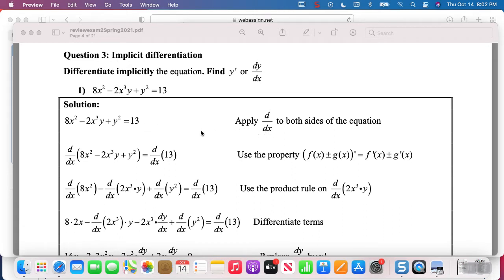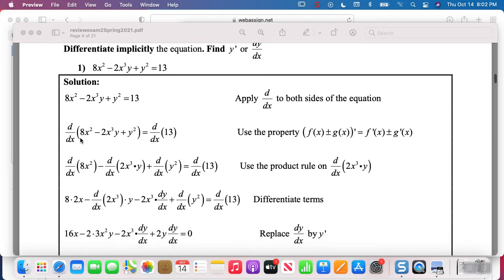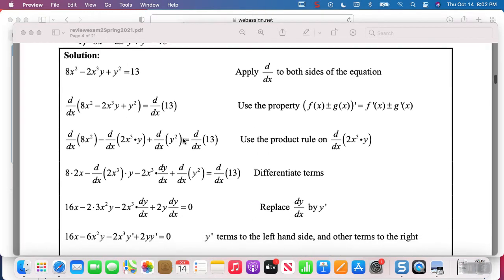This d/dx means the derivative with respect to x. So we take the derivative with respect to x of the left side equals the derivative with respect to x of the right side.